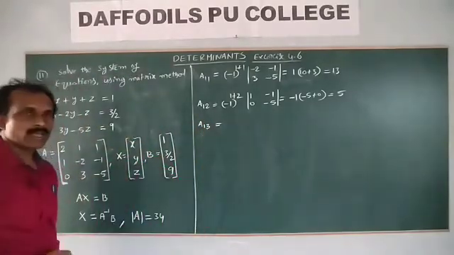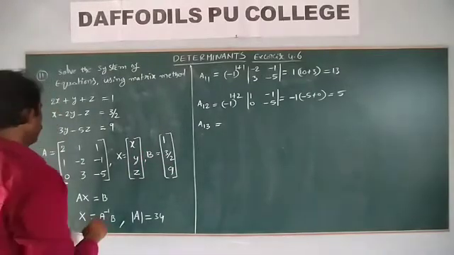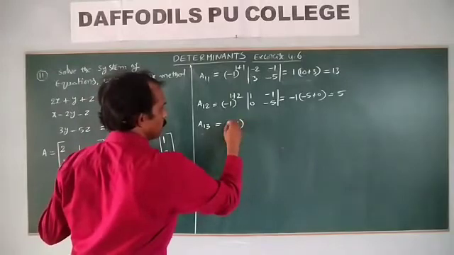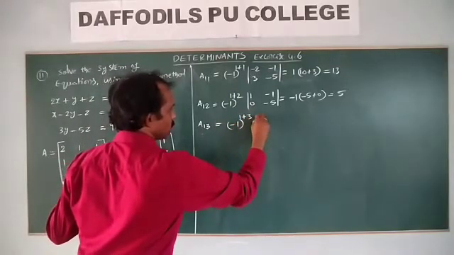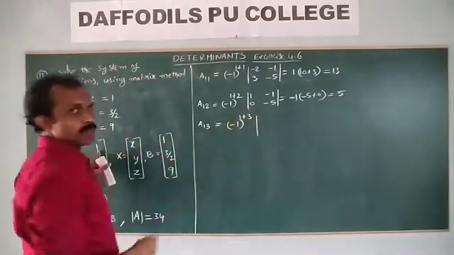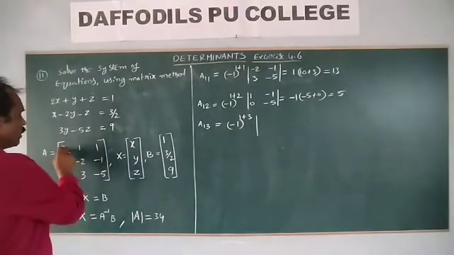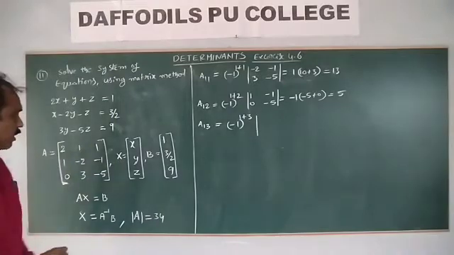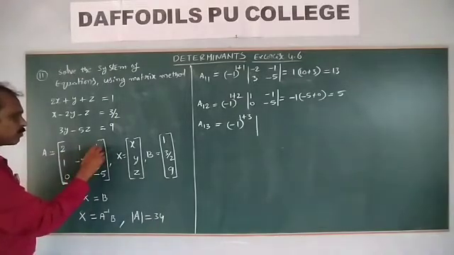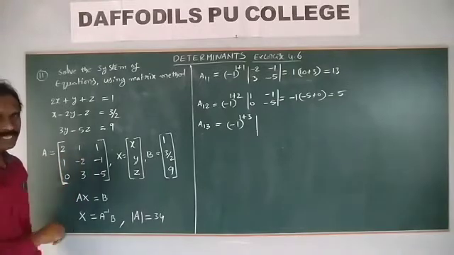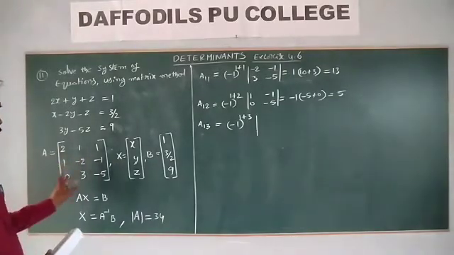A13. Minus 1 to the power of 1 plus 3, that is, minus 1 to the power of i plus j, a fixed value, into its minor. What is the minor? The minor is the determinant of the remaining elements after deleting the corresponding row and column. So 1 minus 2 0 3.